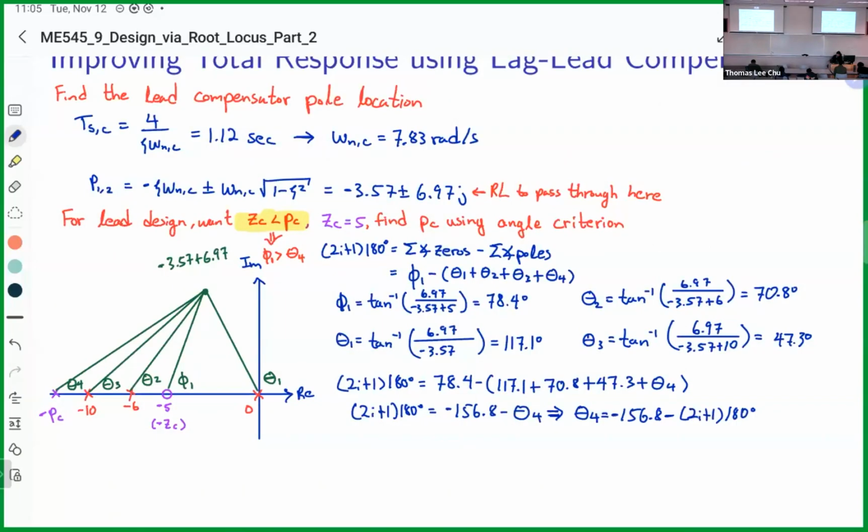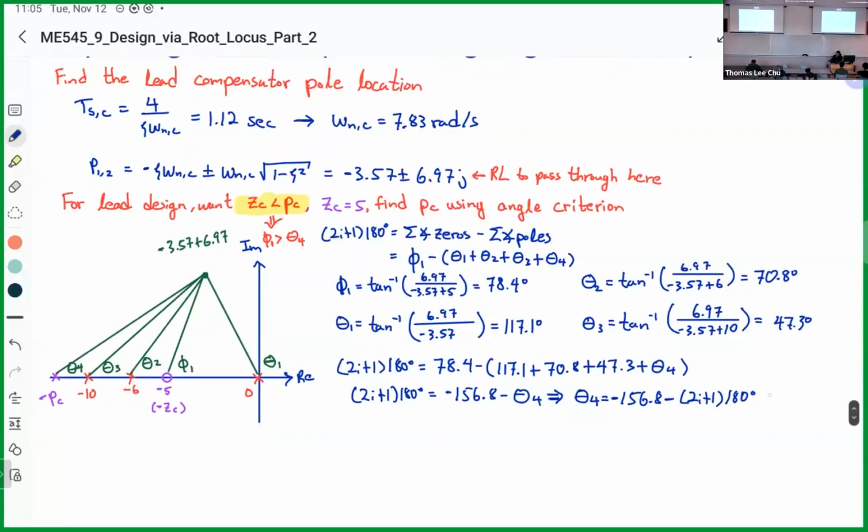This is an odd multiple of 180 degrees, so we can just choose 180 degrees because that gets us a very small angle. So we choose i is equal to minus 1. Then we get 180 degrees minus 156.8, and we get 23.2 degrees.